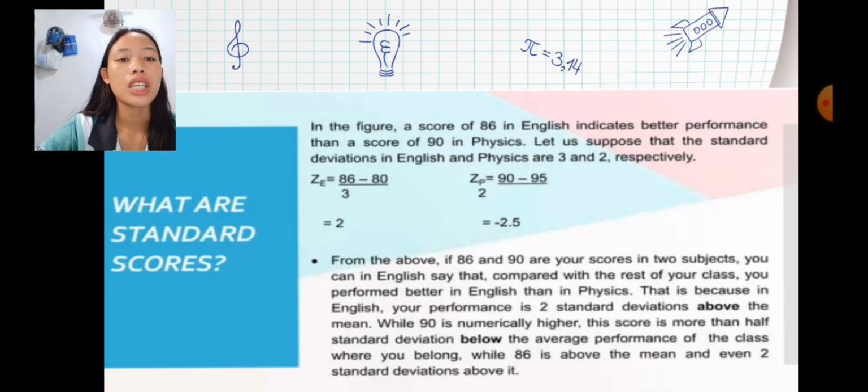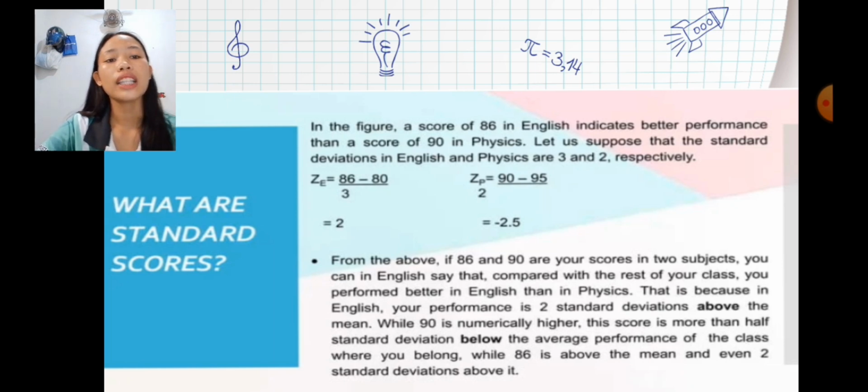So from the above, if 86 and 90 are your scores in two subjects, you can say that compared with the rest of your class, you perform better in English than in physics. That is because in English, your performance is 2 standard deviations above the mean.